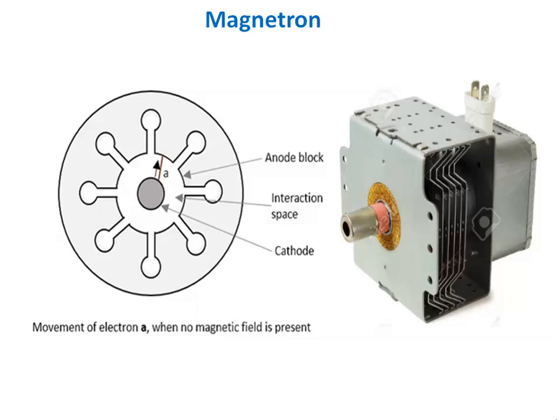There is a cathode at the center of the magnetron which emits electrons when it gets heated by applying high voltage of DC power source to the circular anode cavity, which is made up of copper.